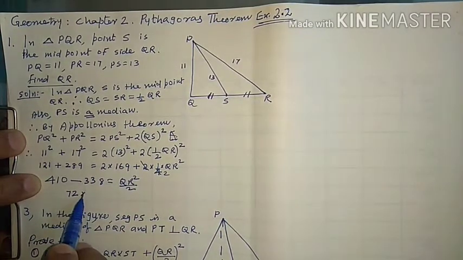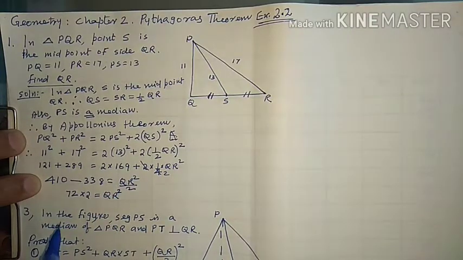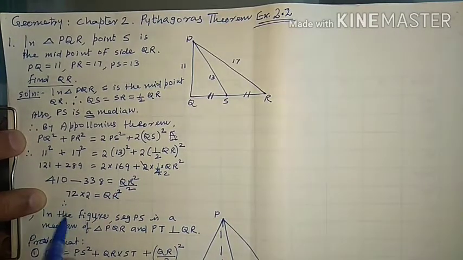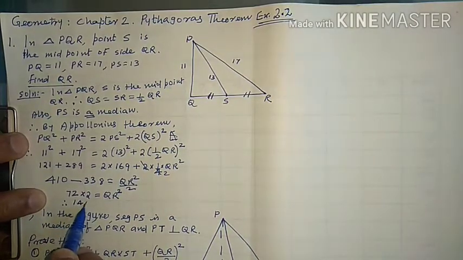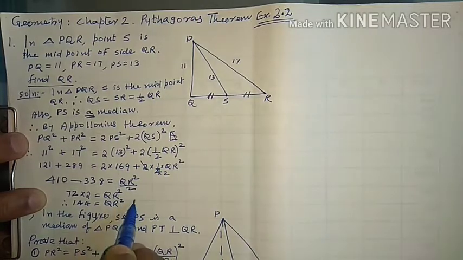Into this 2 equal to QR square. Now see, 72 2s are 144, equal to QR square.